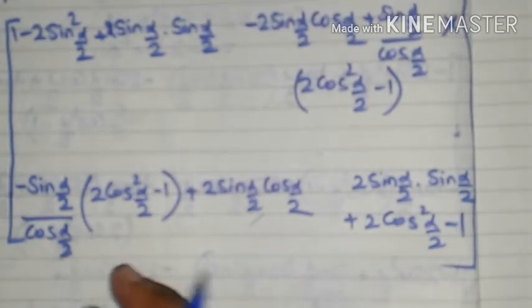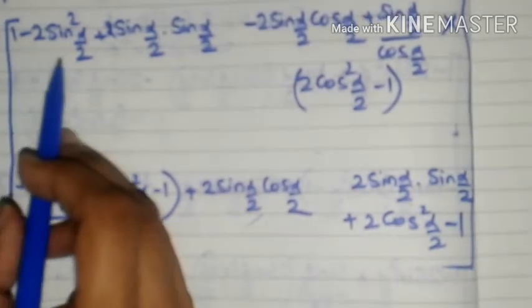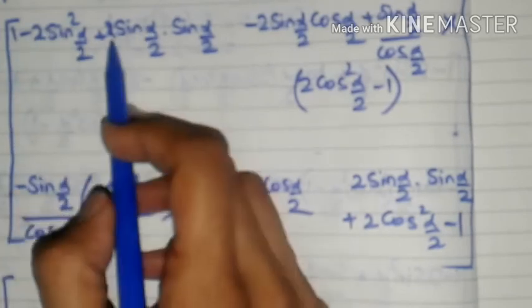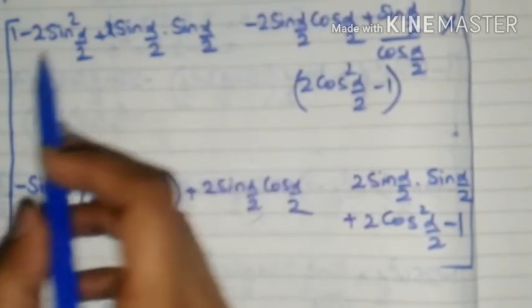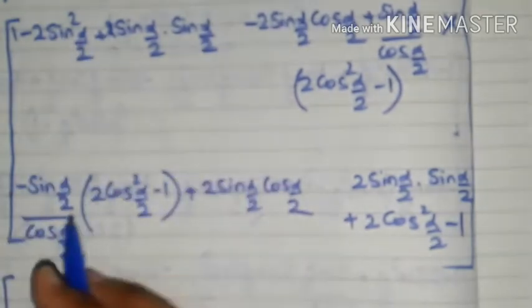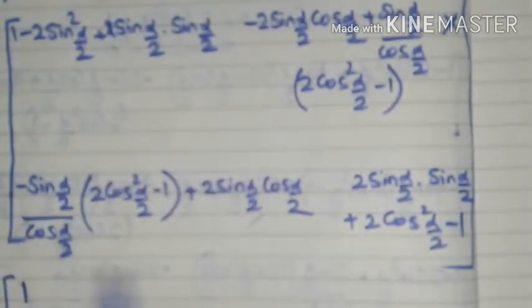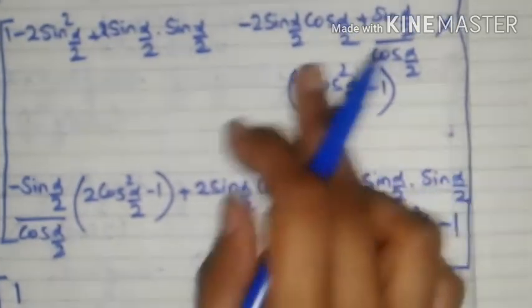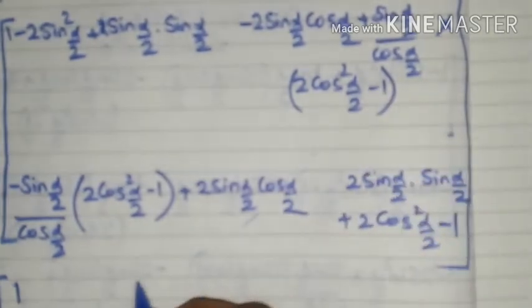Now let us simplify this further. So the first term, if you see, you will have 1 minus 2 sin square alpha by 2 plus 2 sin square alpha by 2. So plus and minus will get cancelled and you will be left with 1. So the first entry is going to be 1. Now in the first row second column, we have to open this bracket. So let us do that.